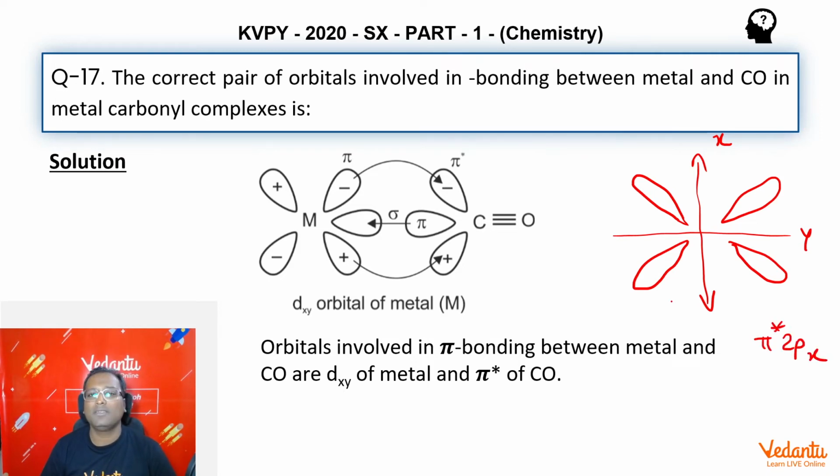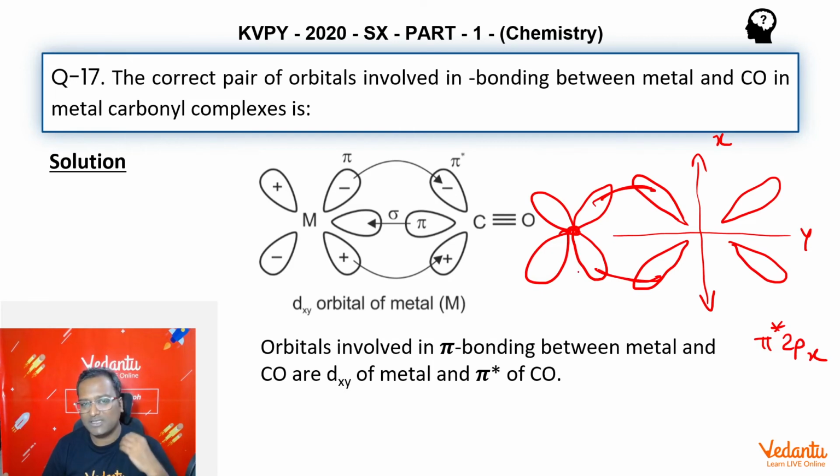Now I want this to form a pi bond, a sideways overlap with the metal. That implies the metal should have orbitals arranged like this, right? So that there is a sideways overlap here and here. Is that clear? The question said pi star x, so I first drew pi star x. The moment I drew pi star x, I understood that if I want to form a pi bond, a back bond from metal to CO, it has to be parallel.